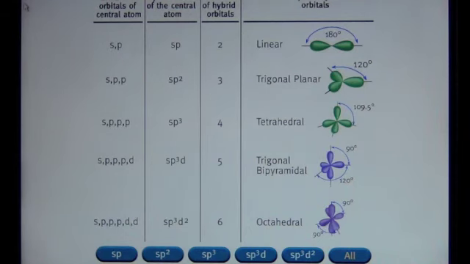That would be an s, 3 p orbitals, and 2 d orbitals to get the 6 equivalent sp3d2 hybrid orbitals. What is going to be the electronic geometry? It's going to be octahedral. Bond angles are going to be 90 degrees in the plane and 90 degrees above and below the plane. So what you see in front of you is a good summary of how many areas of high electron density you can have around a central atom, what the electronic geometries are going to be, and the corresponding bond angles.